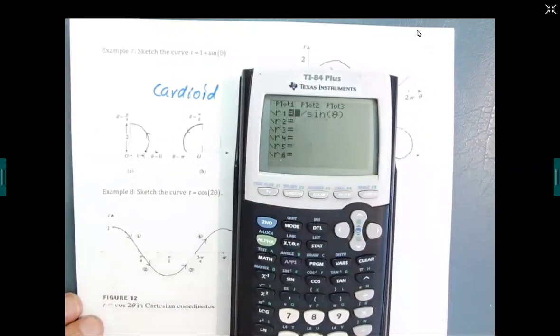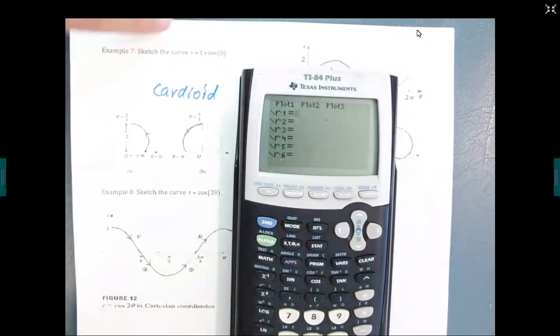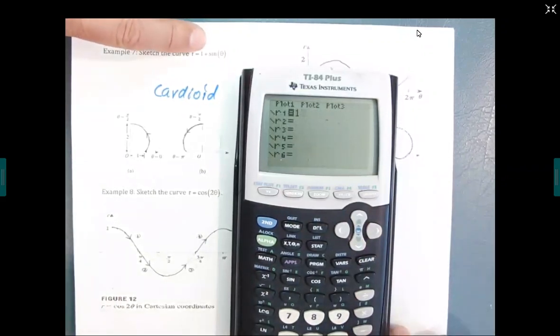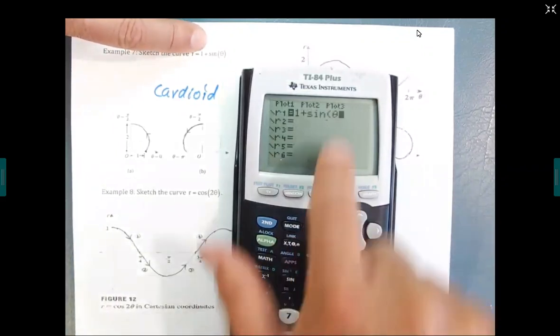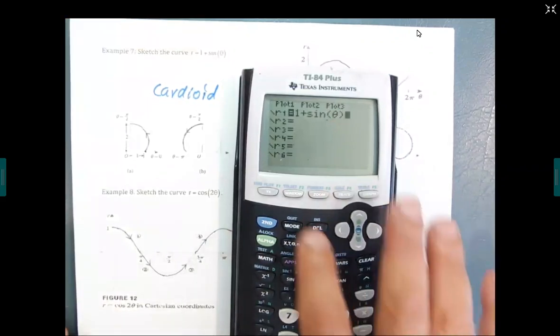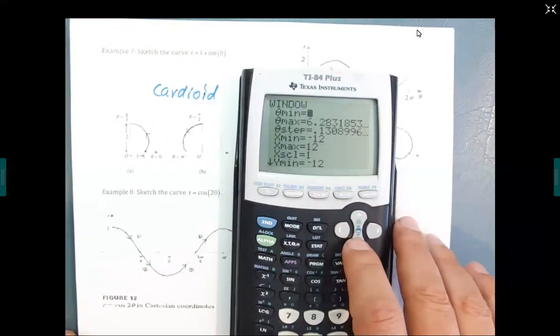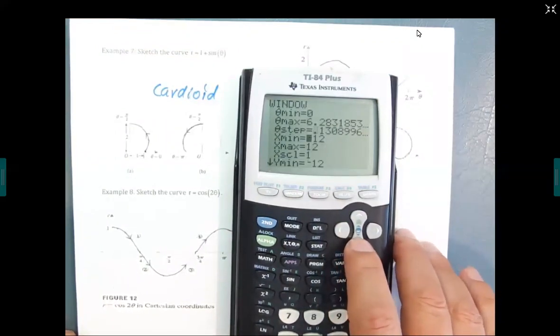So now when I hit y equals, it brings in r. And r is going to be 1 plus the sine. And my theta is right there. Notice it's a theta now, not an x. And before I graph that, for my window, theta is going to go from 0 to 2 pi, which is what we have. Small step size.